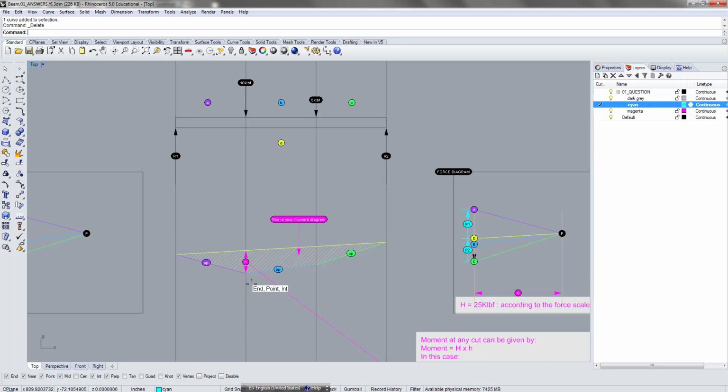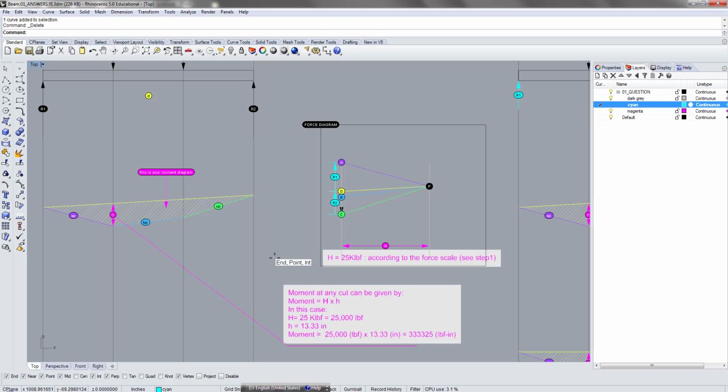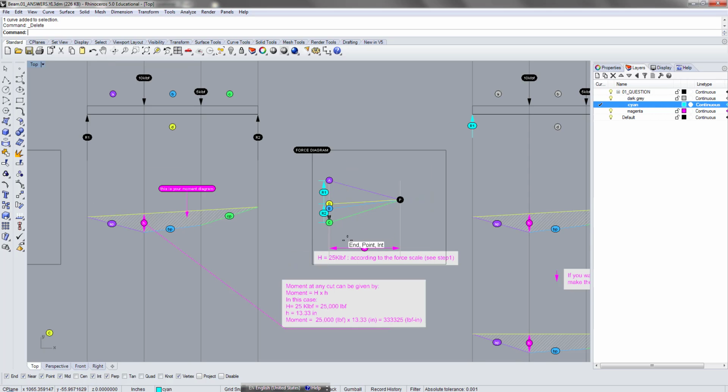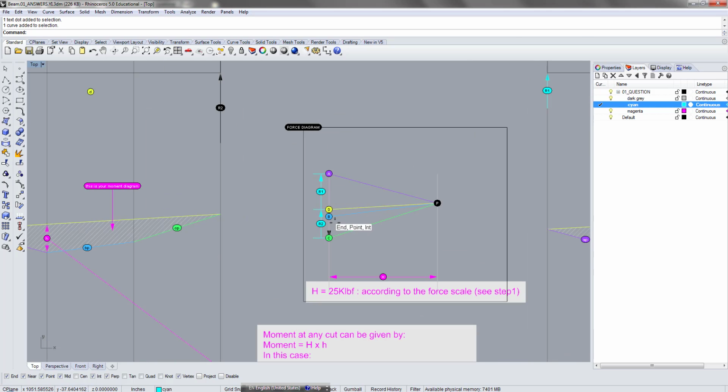You calculate that by multiplying this height, which is in inches, with this distance, the horizontal distance between this vertical line and point P. We translate that to force, because this is a force diagram and every single length represents a force.